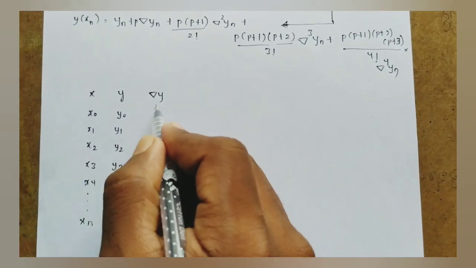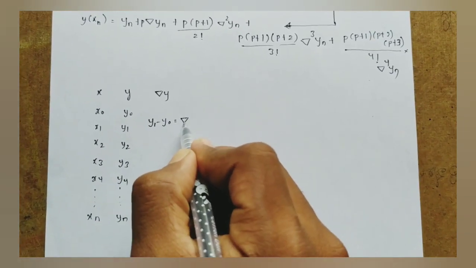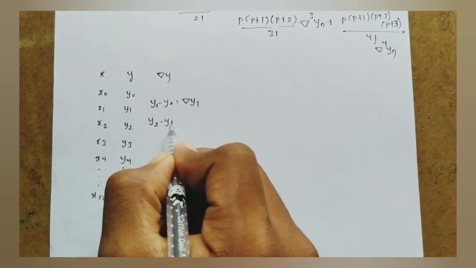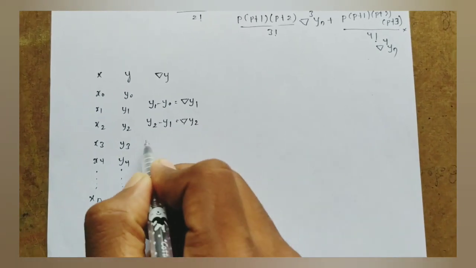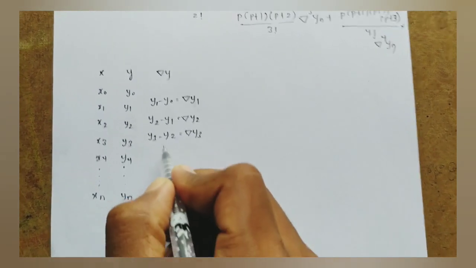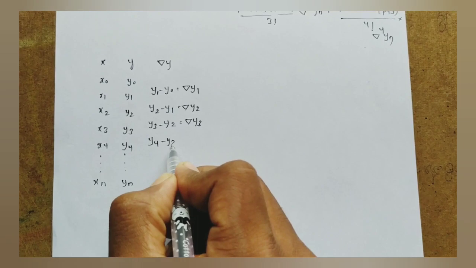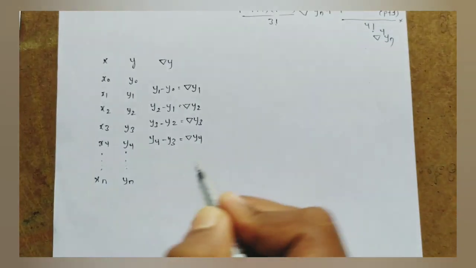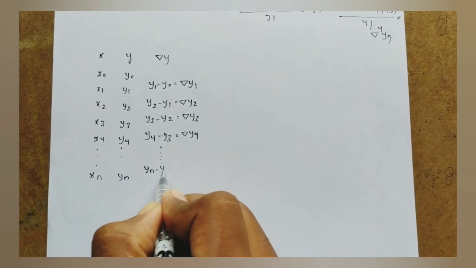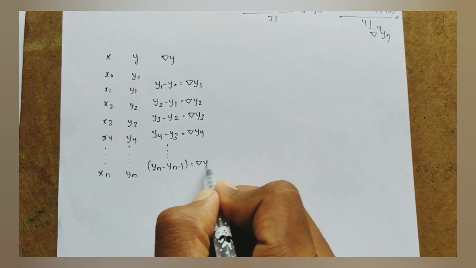Here del y is the first difference: y1 minus y0 gives del y1, y2 minus y1 gives del y2, y3 minus y2 gives del y3, y4 minus y3 gives del y4, and so on, yn minus yn minus 1 gives del yn.